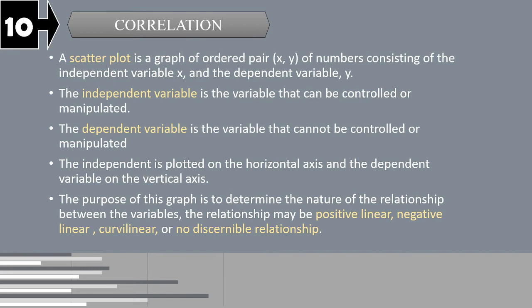The independent variable is plotted on the horizontal axis and the dependent variable on the vertical axis. The purpose of this graph is to determine the nature of the relationship between the variables. The relationship may be positive linear, negative linear, curvilinear, or no discernible relationship.